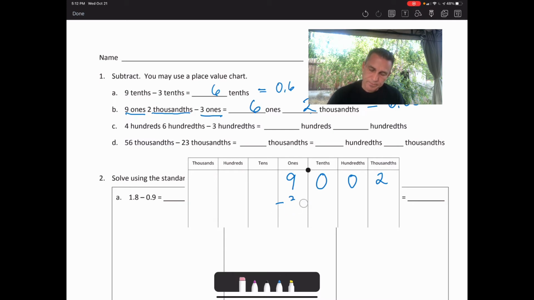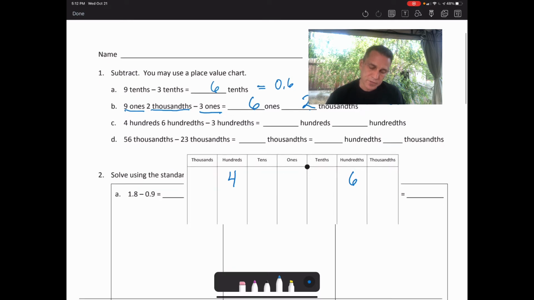All right. Take a look at the next one. We have 4 hundredths and 6 hundredths. So using my place value chart, I have 4 hundredths and I have 6 hundredths. I would want to fill in zeros where I'm not using tens or ones or tenths.